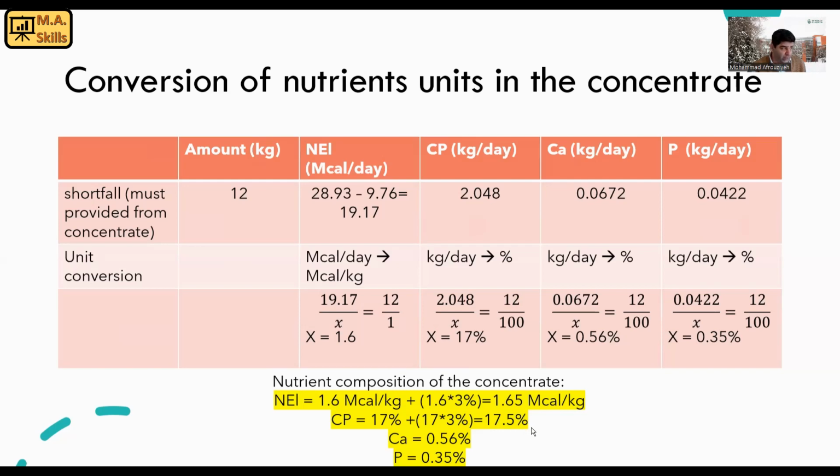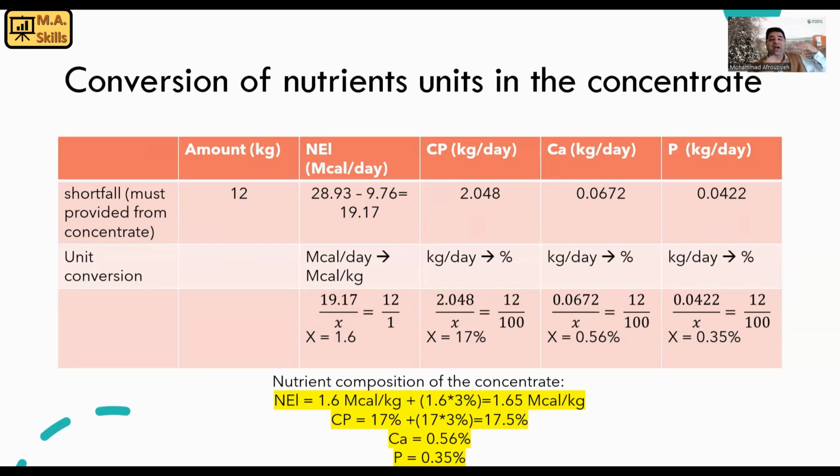Now we know our concentrate should have 1.65 megacalorie per kilogram energy and 17.5% protein, just in the feed ingredients part.